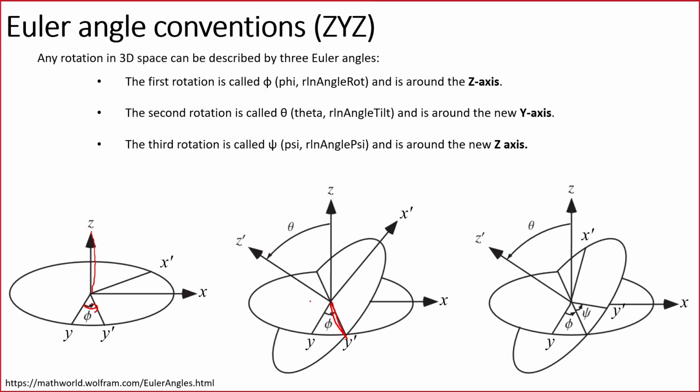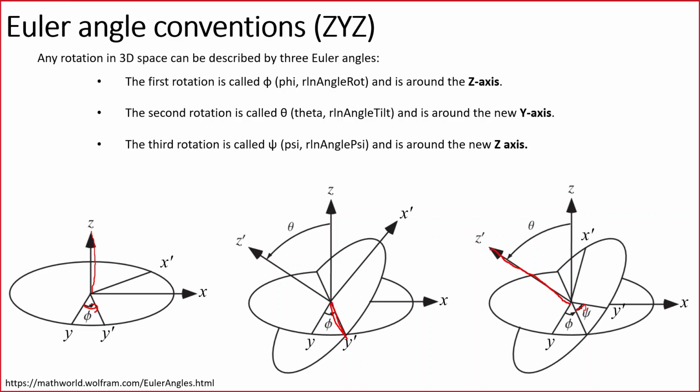On our rotated plane, we rotate by a psi angle using the newly created z-axis. Any rotation in 3D space can be described by the combination of these three angles: phi, theta, psi.